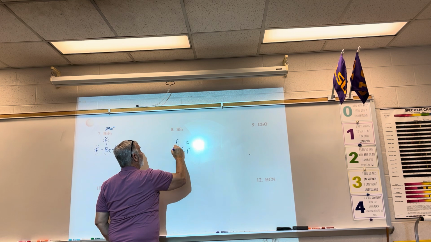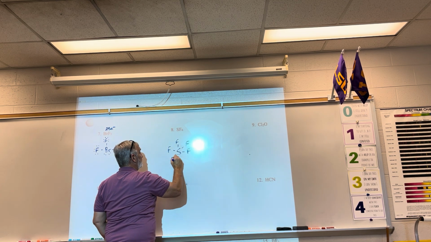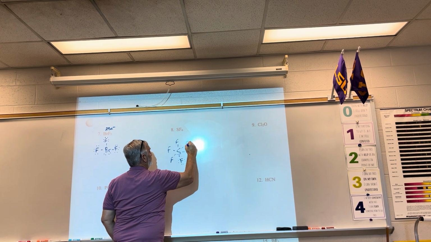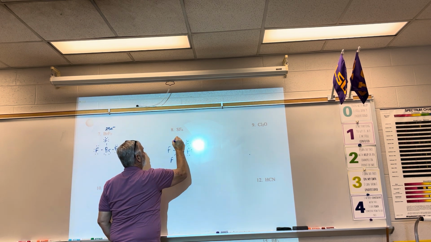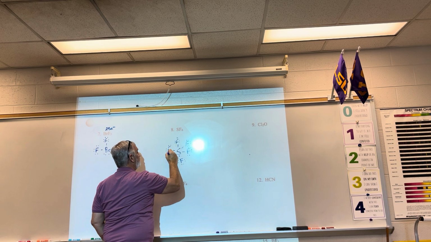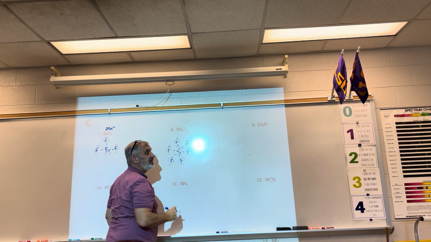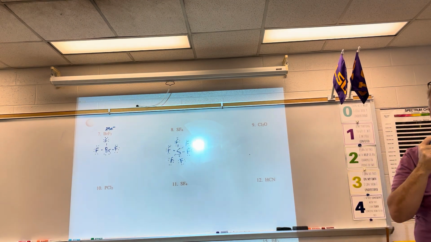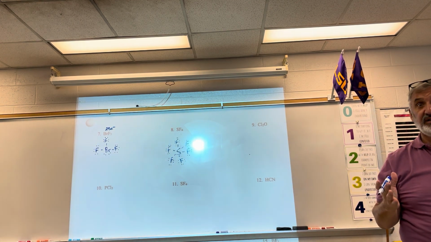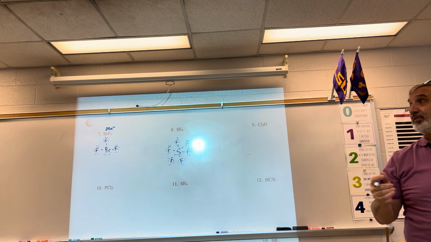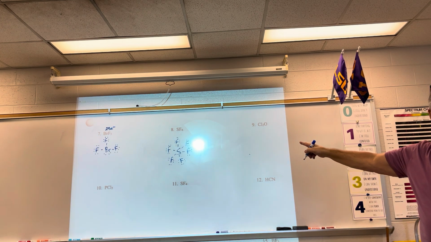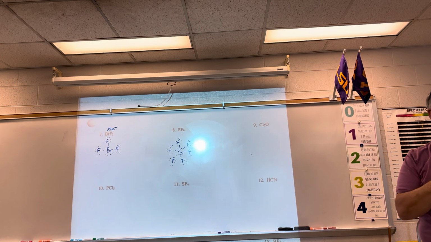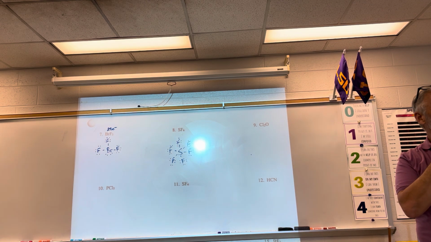Now this is sulfur hexafluoride. This is pretty cool stuff. Although I've never gotten to do this personally, I've seen it. You know how you breathe in helium from a balloon and you talk real high and funny? You've all done that, right? This is sulfur hexafluoride. It is super dense, so if you breathe it in and talk, your voice gets super low.